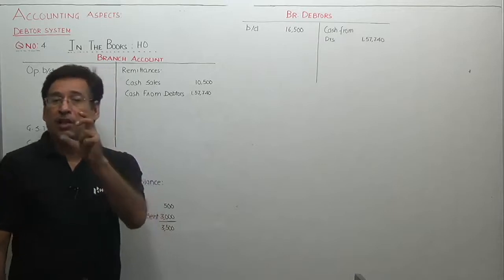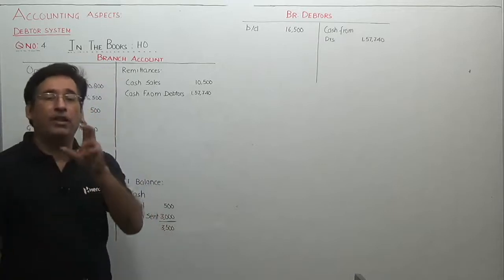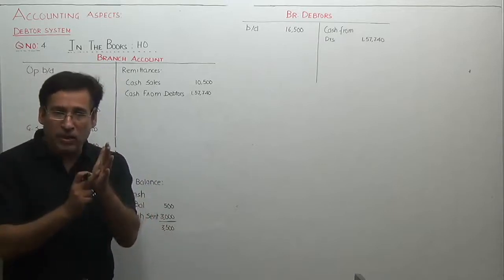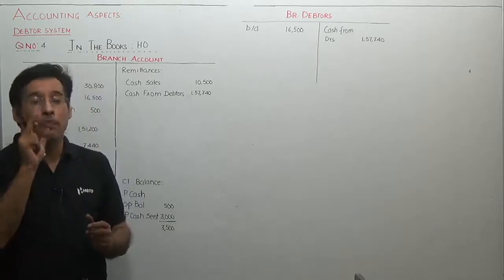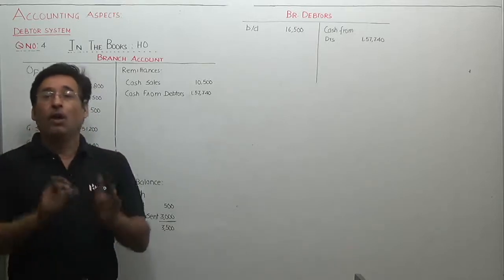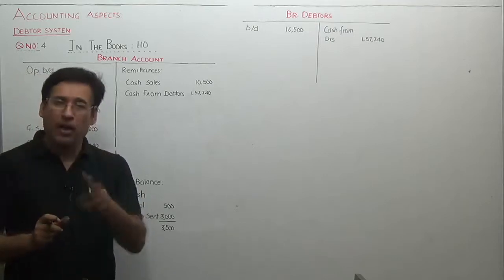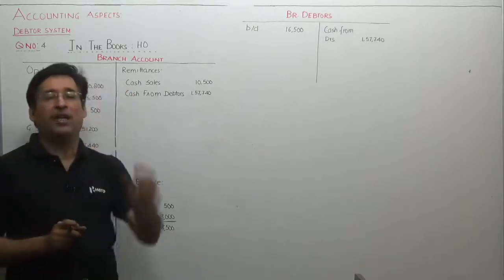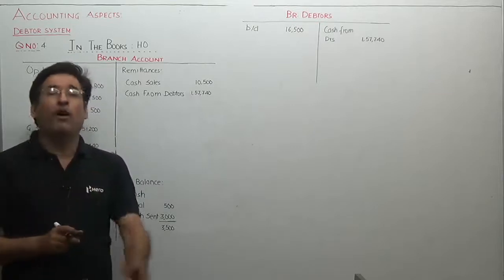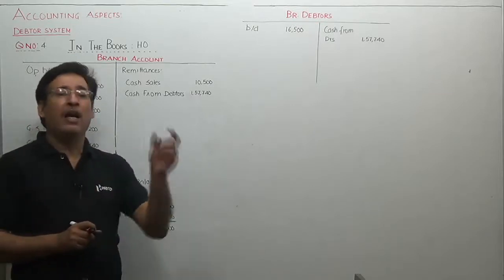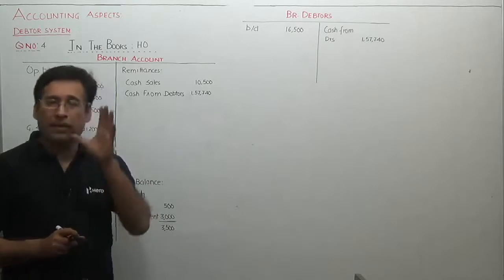Now it is given to you petty expenses of the branch manager. There is a slight difference between branch expenses and branch manager's expense. Branch expense is a term for which head office will always send the cash. Is it clear? For branch expenses, head office will always send the cash.